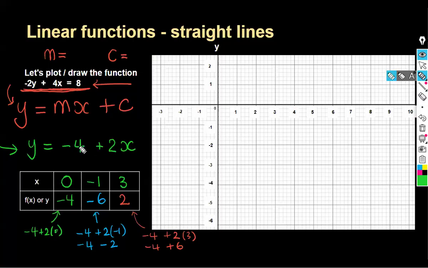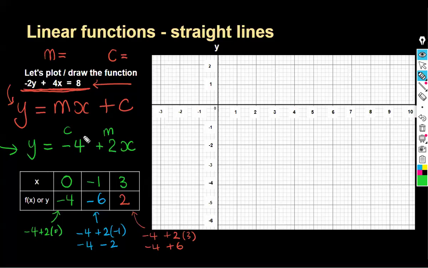You notice this is written kind of backwards. Who is touching x? Positive 2. So your gradient is positive 2. And who is not touching x? Minus 4. So your m is 2 and c is minus 4.